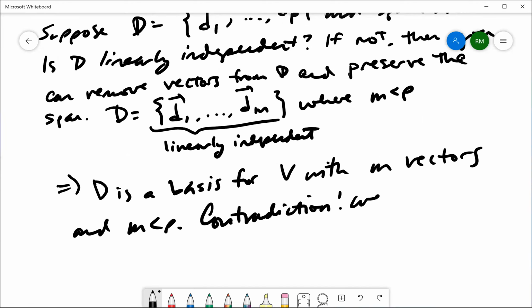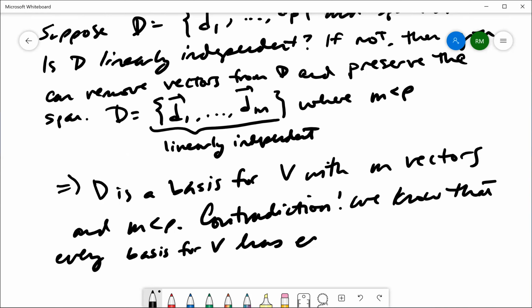We know that every basis for V has exactly P vectors. Therefore, it must have been the case that D was linearly independent and D was a basis to begin with. All right, so that was a lot of theory, and now we're going to do some examples.